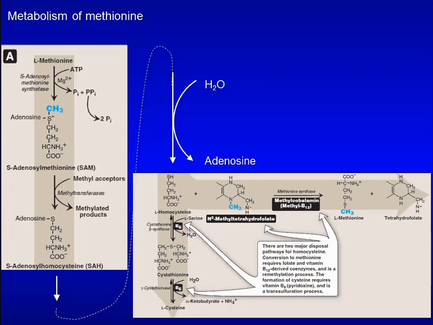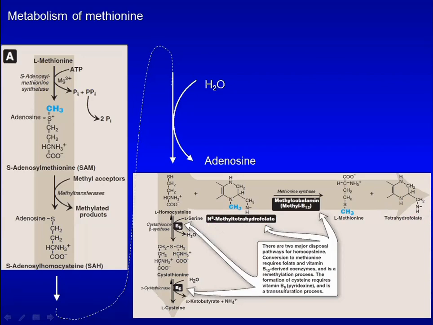Second, conversion of homocysteine to methionine is catalyzed by methionine synthase. It requires vitamin B12 and folic acid. Folic acid provides the methyl group. This reaction recycles N5-methyl tetrahydrofolic acid to tetrahydrofolic acid.